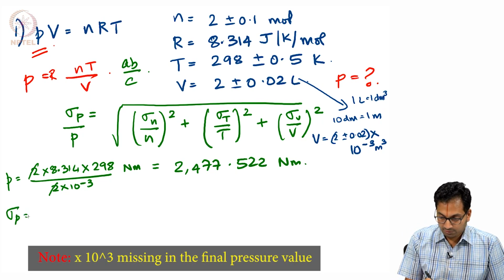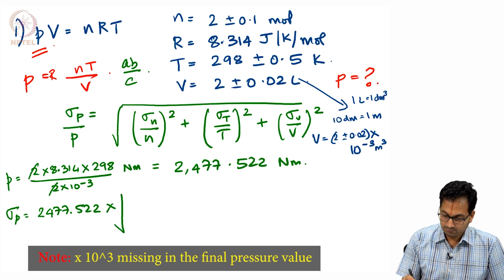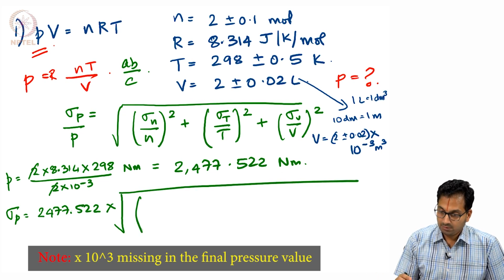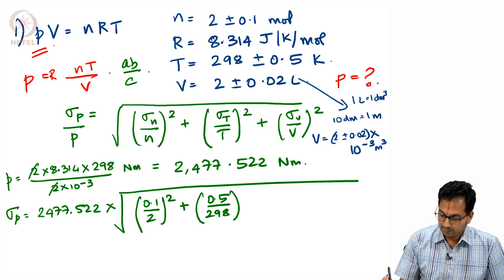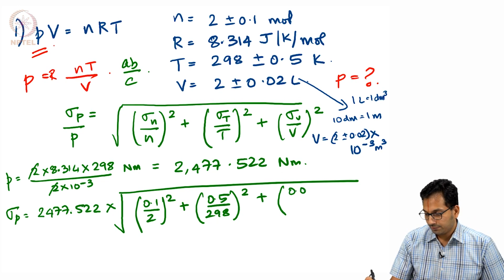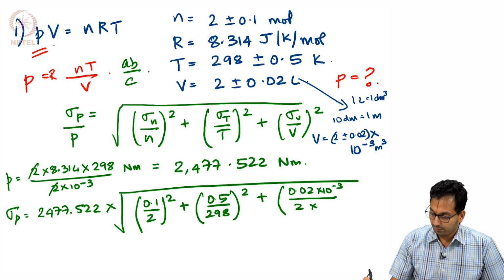Sigma P now is going to be given by 2477.522 times the square root of 0.1 by 2 the whole square plus 0.5 by 298 the whole square plus 0.02 into 10 to the power of minus 3 divided by 2 into 10 to the power of minus 3 the whole square.